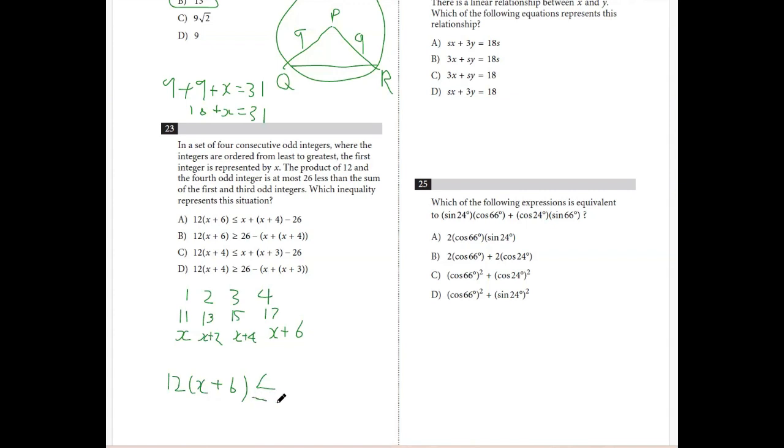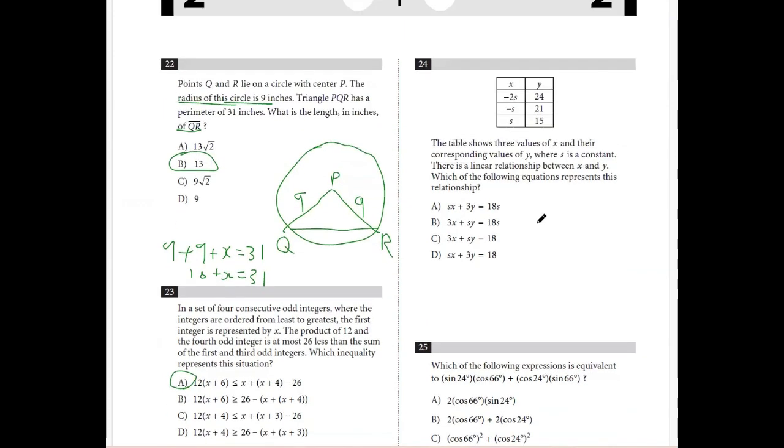So obviously we're going to have to put less than or equal to here. And then we need to find the sum of the first and the third, so I'm looking for this one and this one here. So x plus x plus 4, and minus 26. So in this case, A as in apple is the correct answer.